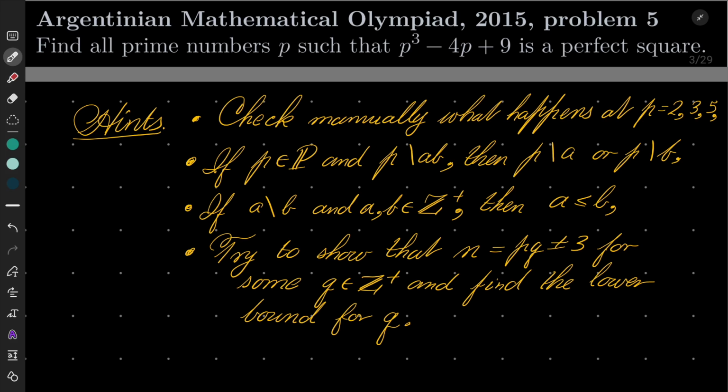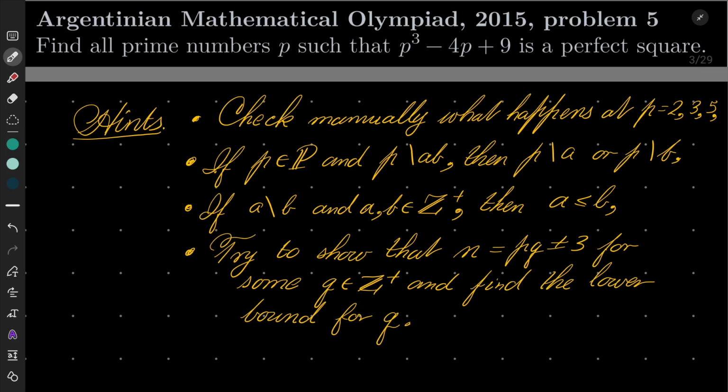the problem solution will be based on the following observations. First of all, if p is a prime number and if p divides the product of a and b, then either p must divide a or p must divide b. The second observation is that if a divides b and if a and b are positive integers, then a must necessarily be less than or equal to b.